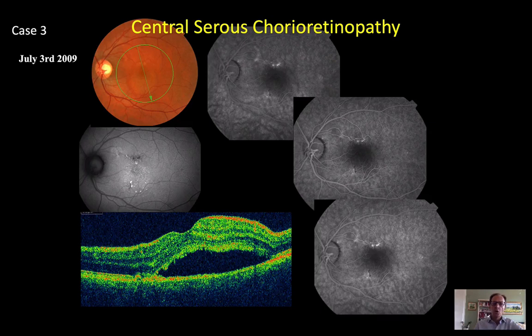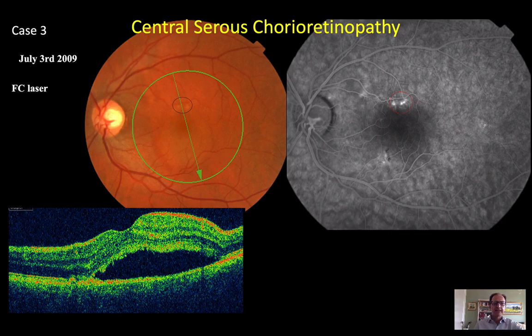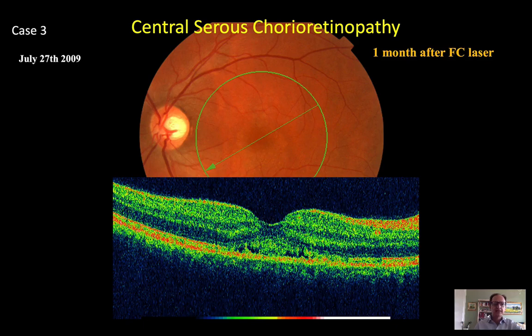So also for this patient we decided to perform a photocoagulation of the 2 leaking points, and this is the OCT pre-treatment laser, and this is the OCT 1 month after photocoagulation.